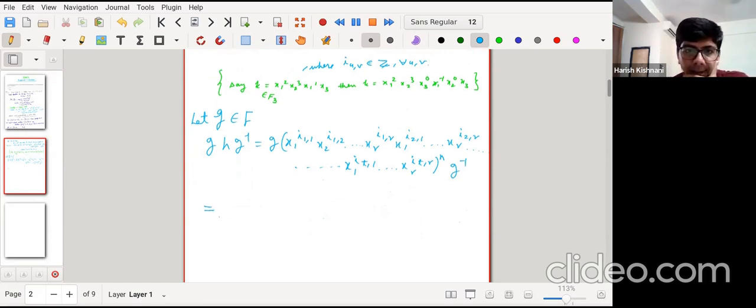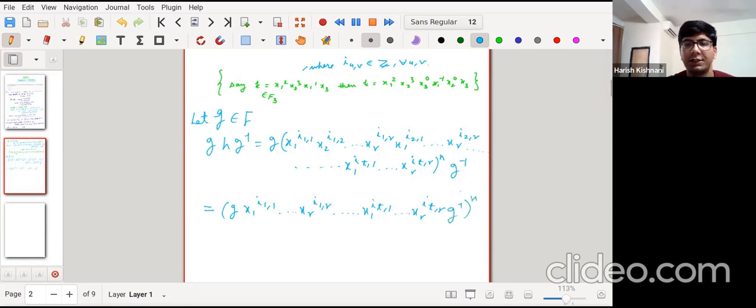This is the same as g, x1 i_{1,1}, so on to xr i_{1,r}, dot dot dot, x1 i_{t,1}, dot dot dot xr i_{t,r}, g inverse raised to n.